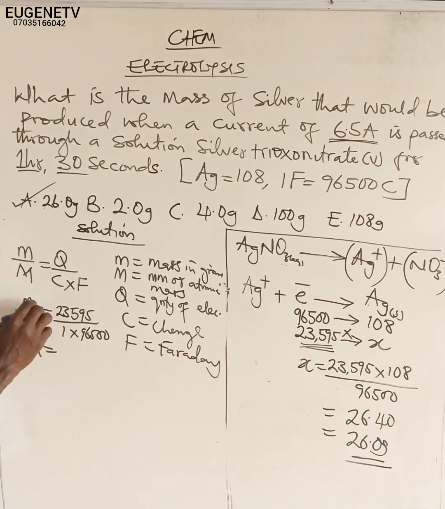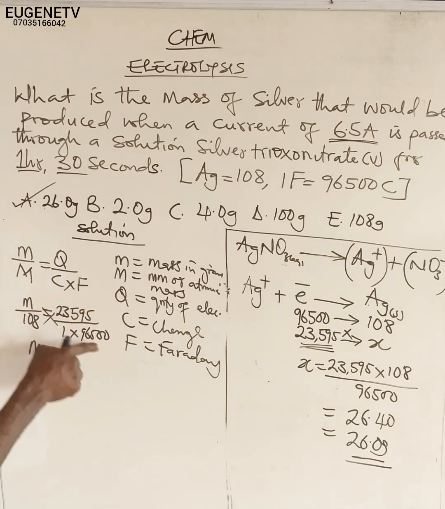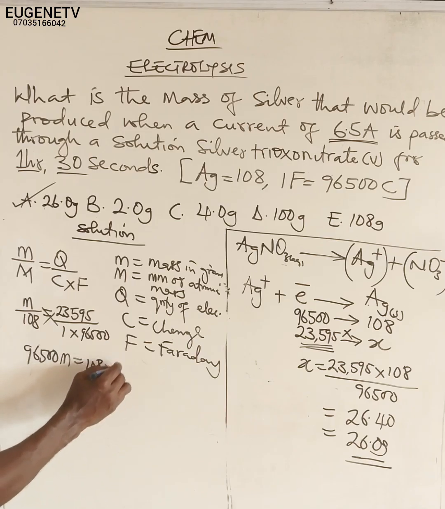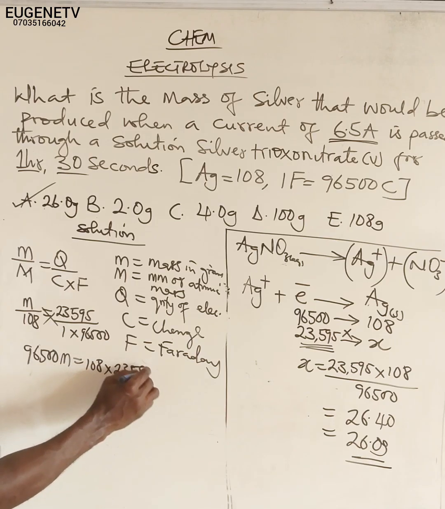So it's just for us to make m the subject of the formula. If we make m the subject of the formula, we cross multiply. So m is going to be 108 times 23595, then divide by 96500. Let us cross multiply. m times 96500 is equal to 108 times 23,595.